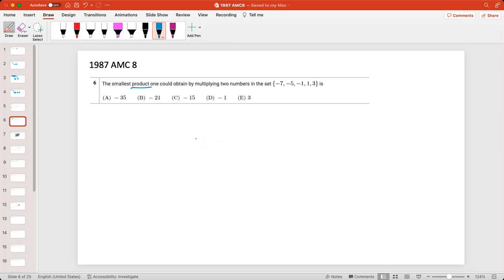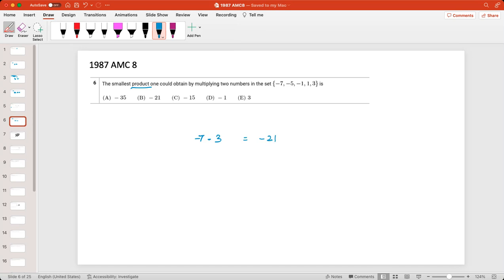So I'm going to take the smallest negative number in the list, and to make this the biggest number without the sign, you forget the sign, you just have to make the number the biggest, right? So I'm going to multiply it with the biggest positive number available in the list. So this will be minus 21.